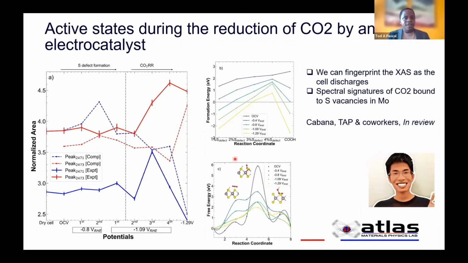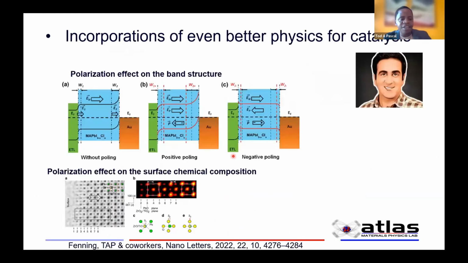Okay. All right. So this is tracking the active states of CO2 reduction by this electrocatalysis. Another thing that we've been really interested in is this idea of ferroelectric switching of a surface. The general idea is that we have a catalytic surface, and if we can modulate the surface morphology, we can cause different molecules to bind with different binding energies.